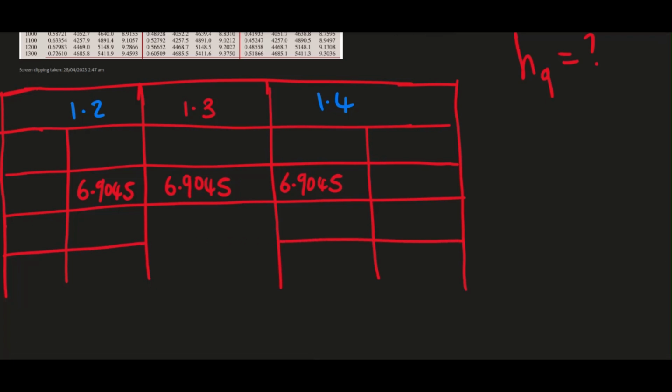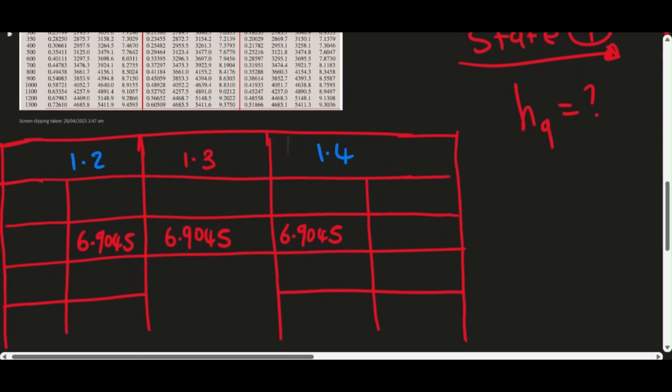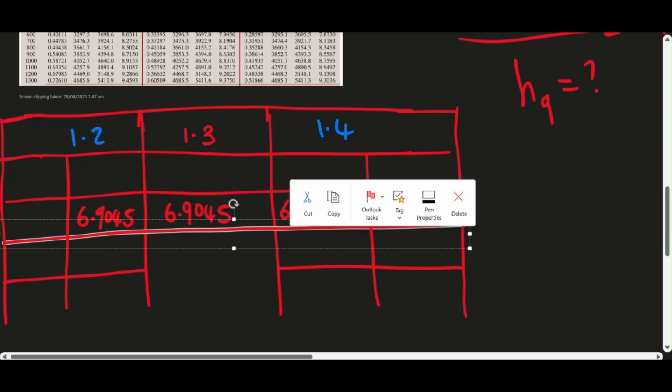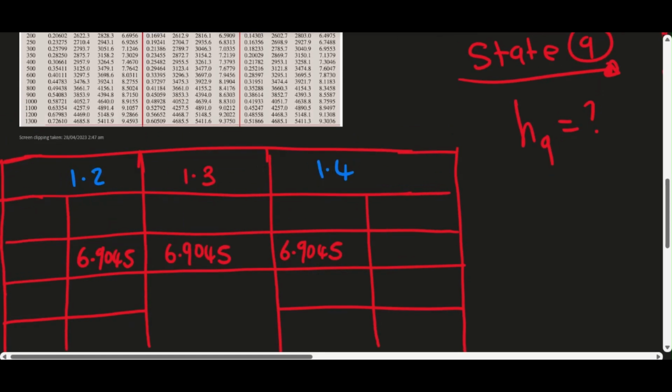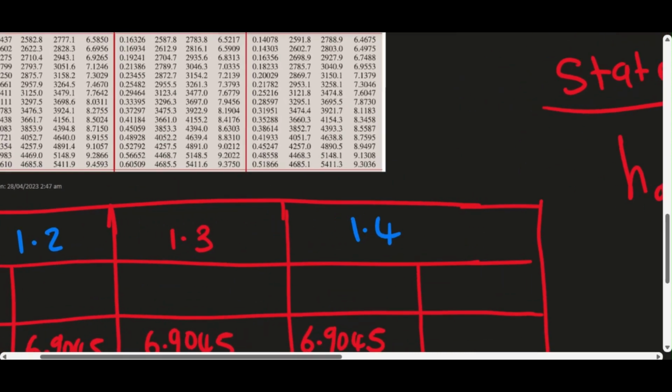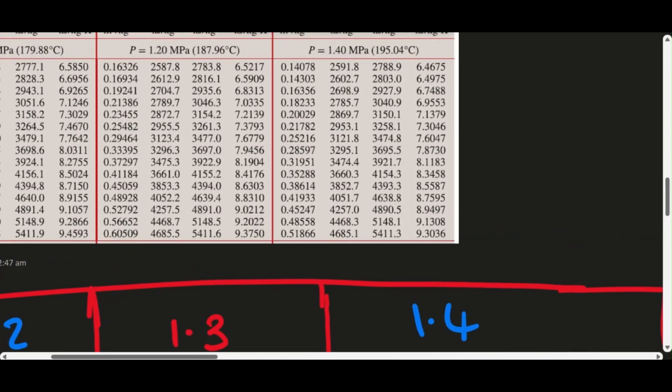Okay, cool. So let's go to the pressure of 1.2 megapascal at the given entropy of 6.9045 and read off our enthalpy.